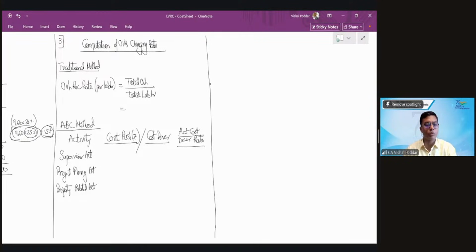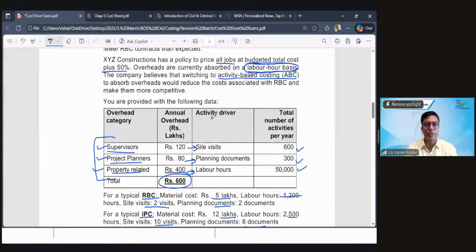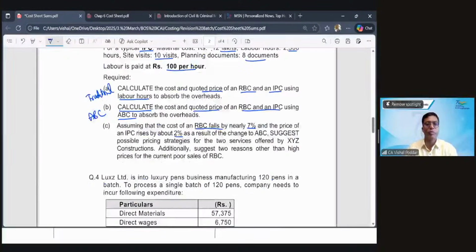Now we come to the main part of the answer. The main part of the answer requires you to prepare the cost sheet. Firstly, using the labor hour basis, that is under the traditional approach. Then again, the cost sheet using the ABC approach.